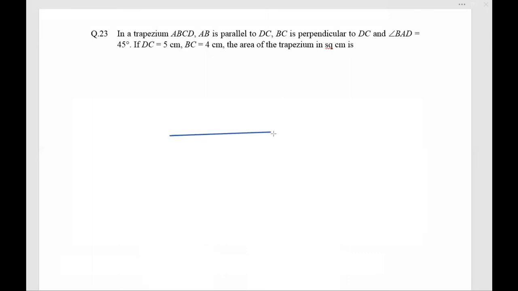So if this is AB, this is perpendicular to DC. So BC goes like this, and DC goes like this.